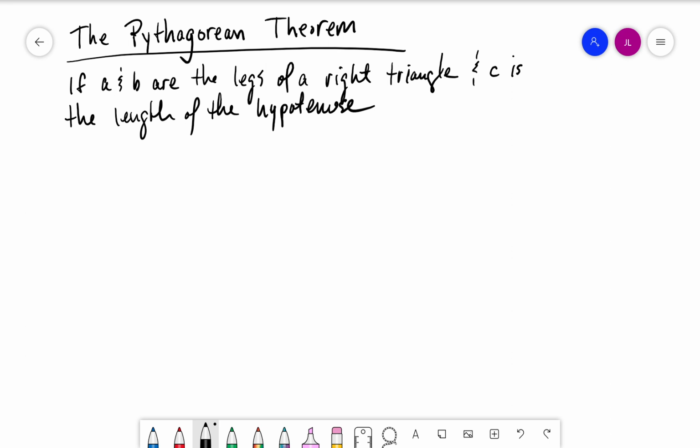I'm not even sure I spelled that right. H-Y-P-O-T-E-N-U-S-E. I think so. Then A squared plus B squared is equal to C squared.